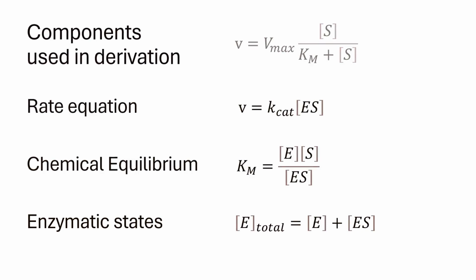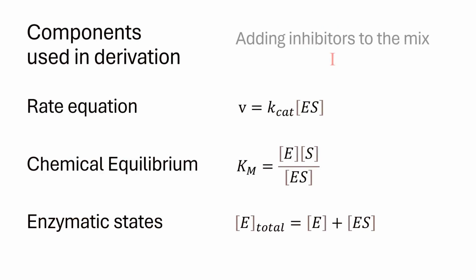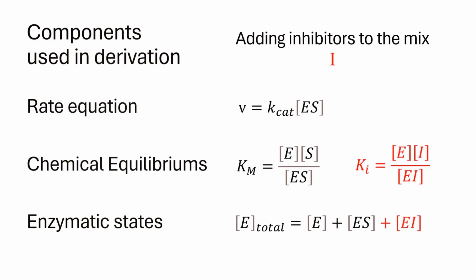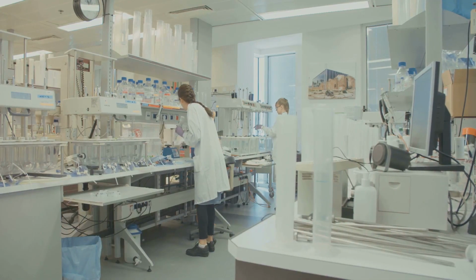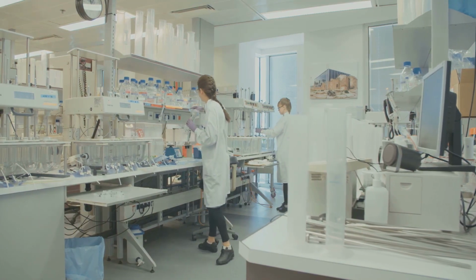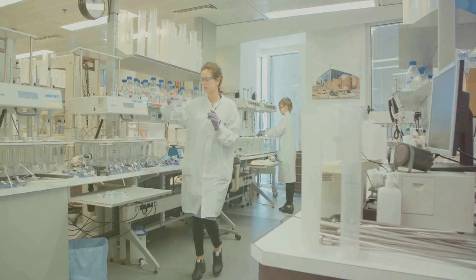However, when this derivation is modified to include inhibitors, we encounter the main issue. Derivation of the inhibition equations use similar components to those required for the Michaelis-Menten equation, but with the obvious inclusion of the chemical equilibrium terms used to define the formation of the enzyme inhibitor complexes.